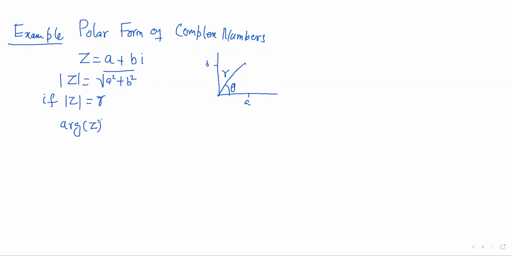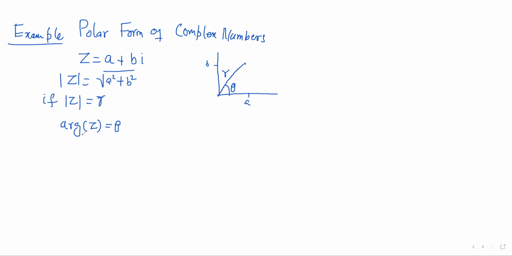It is the angle which the vector makes with the x-axis. Which is the vector in this case? The vector is called r.